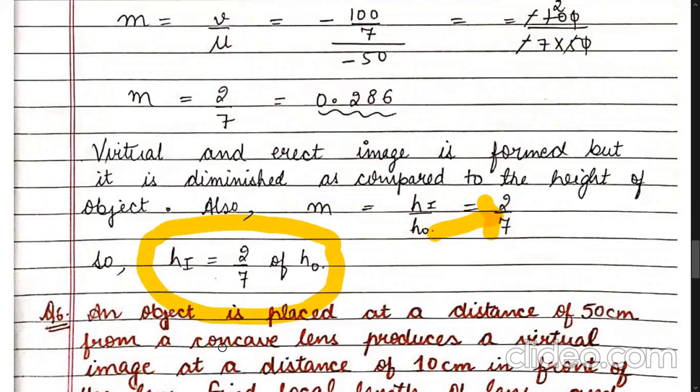So what does it mean? It means that height of image is 2/7, that is divided by 7, of the height of object.